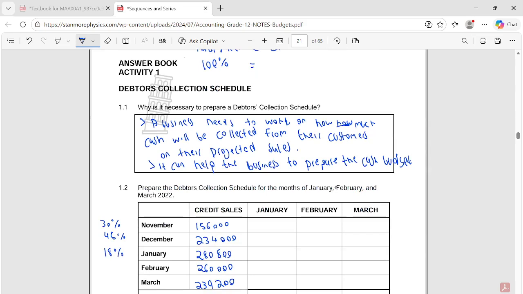Of the November credit sales, right? So I'm gonna say, okay, my November credit sales is 156,000, right? 156,000 multiplied by what? 18%. Therefore that will be my collection for January. So I'm gonna say 156,000 times 18%. I'm getting what?